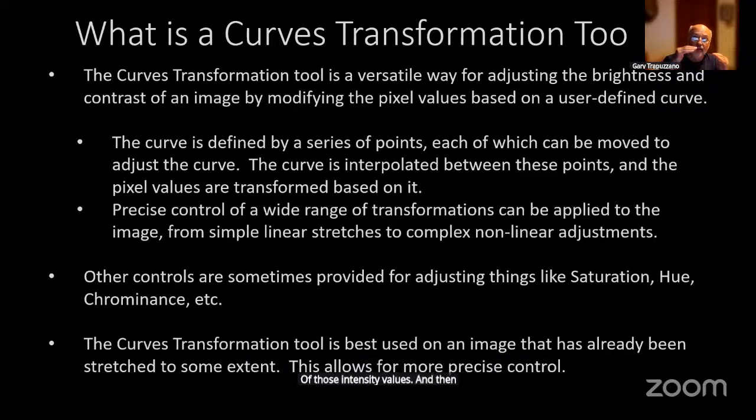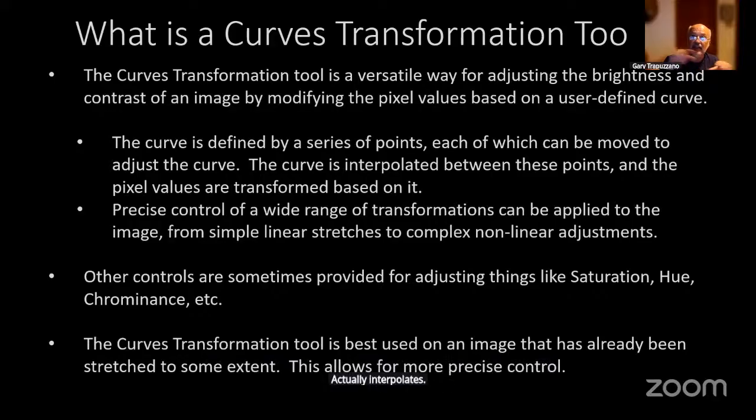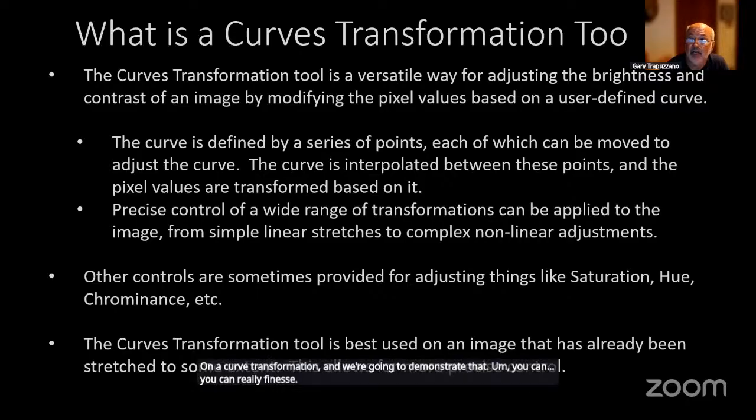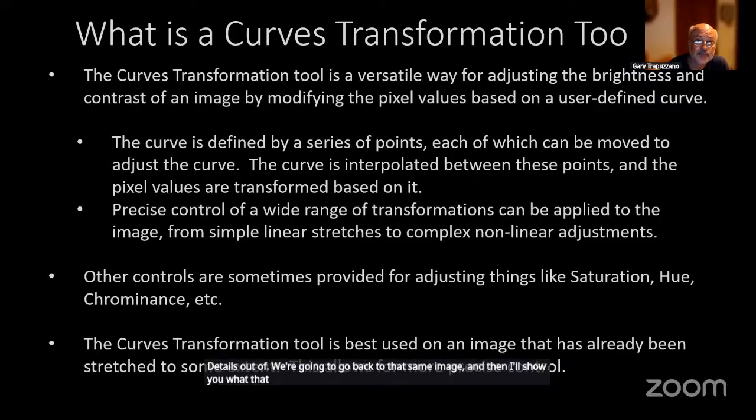And then the transfer function actually interpolates the actual data set to make it match that curve that you drew. You can put in really as many points as you want on a curve transformation, and we're going to demonstrate that. You can really finesse details out of it. We're going to go back to that same image, and then I'll show you what that means.